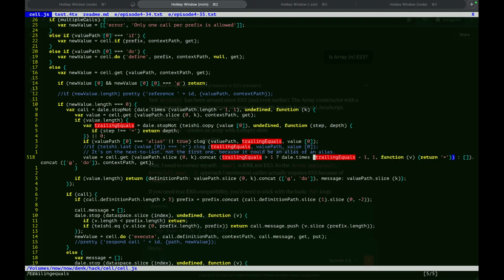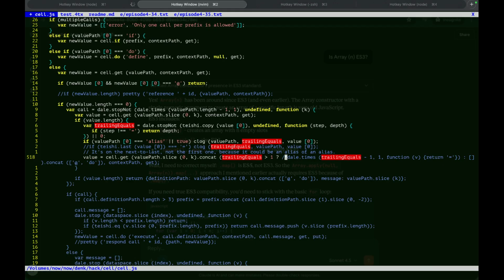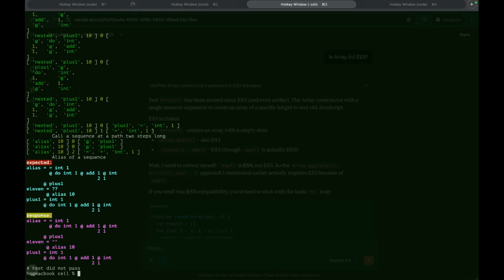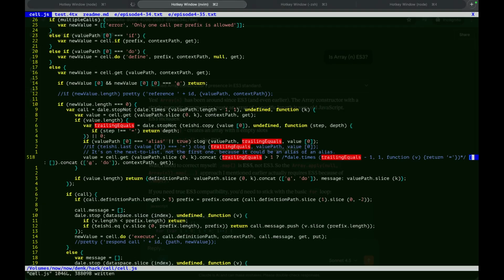I think we almost have it here. Okay, there's an issue with data tanks.